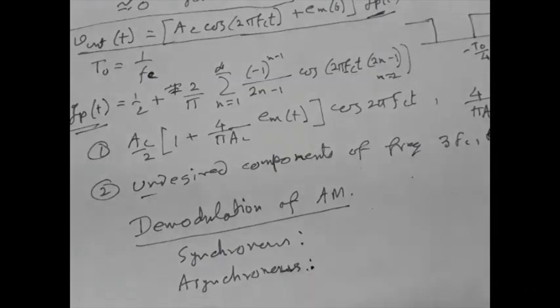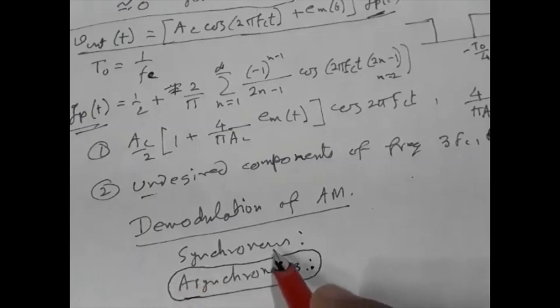But for AM, original message signal may be recovered using synchronous or asynchronous detector, but to make the whole system cheaper, generally for amplitude modulation we use asynchronous detector. Synchronous detectors are very rarely used in demodulation of AM. So first we will try to understand the asynchronous detector of AM.